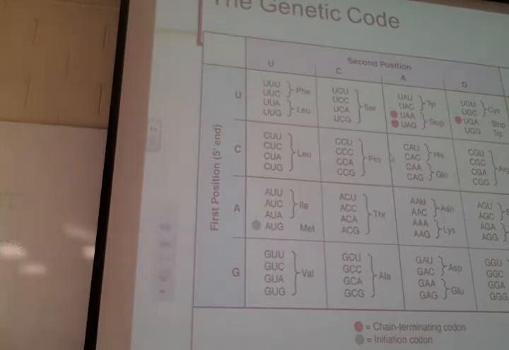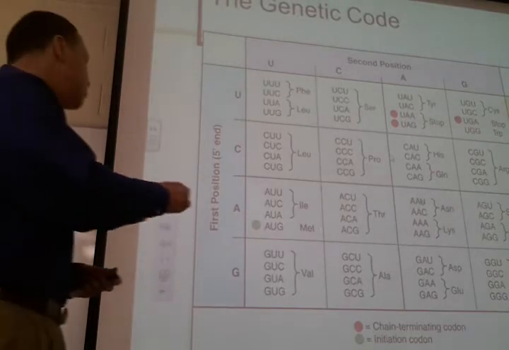When they found stop, they, of course, asked themselves, well, if there are stops, are there start codons as well? And the answer turns out to be yes. But there's only one of these. The translational start signal is always AUG, which, as we go to the code here, does double duty.